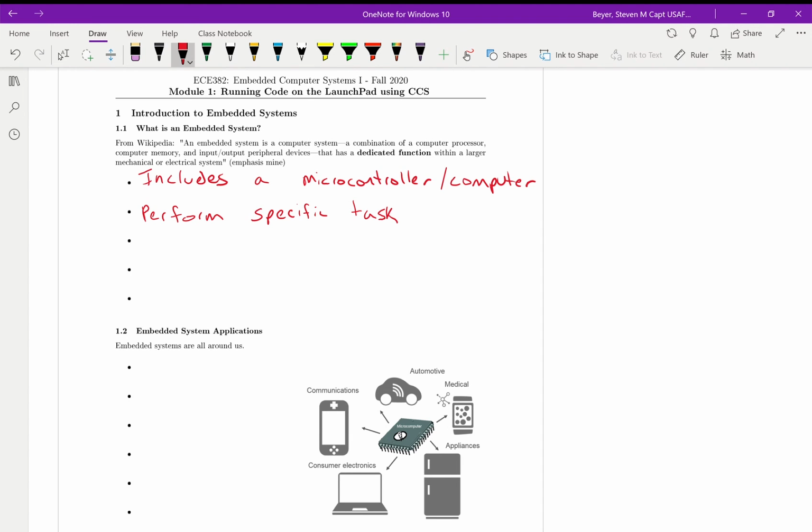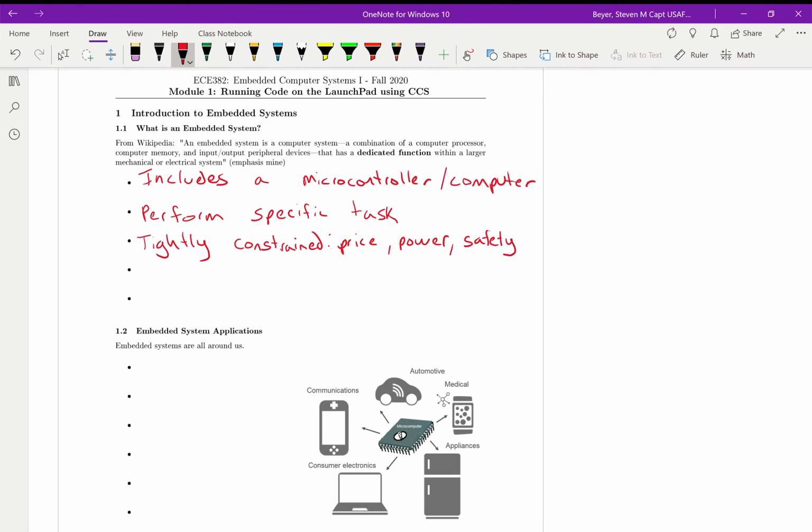It's constrained. What we mean by that is there are limits. Typically in software, you may have a memory limit, but with an embedded system, you have a lot more things to think about, whether that's price, power, or safety.